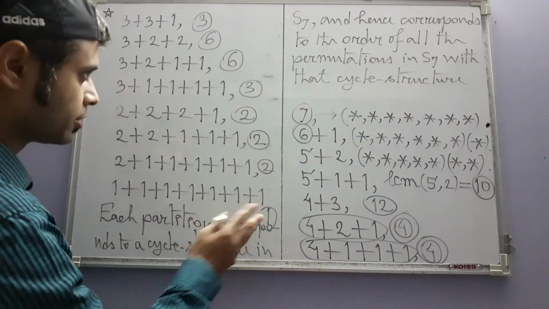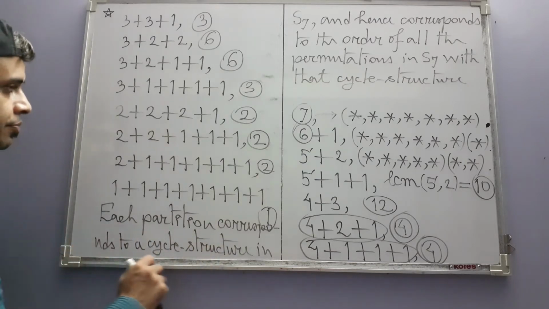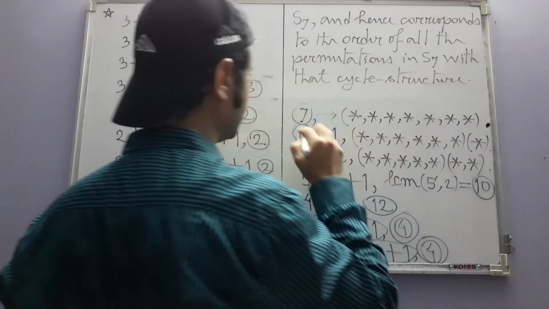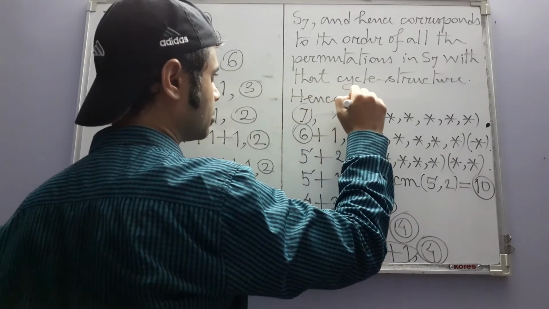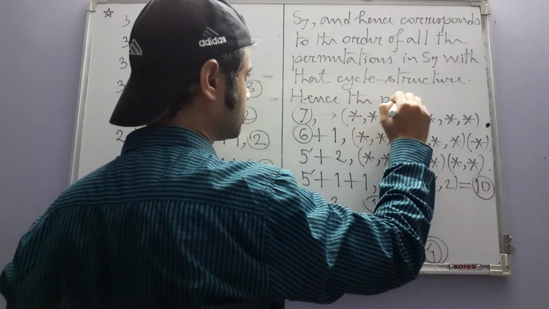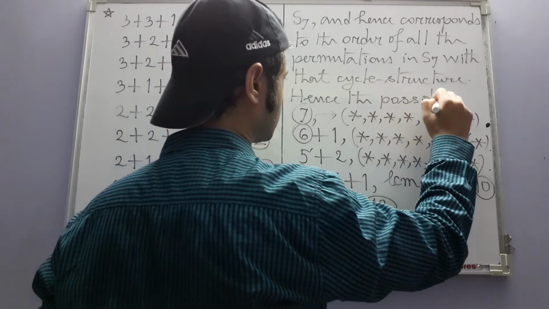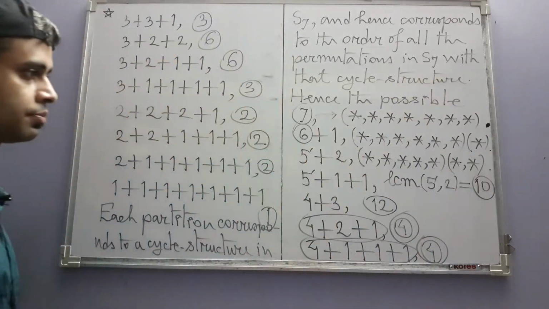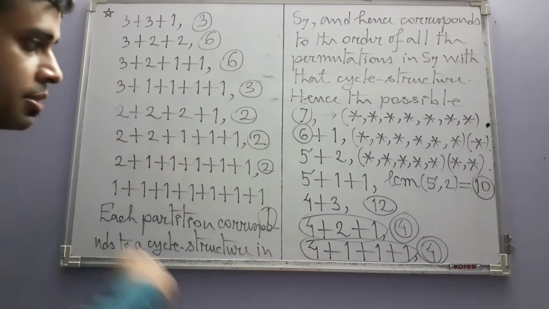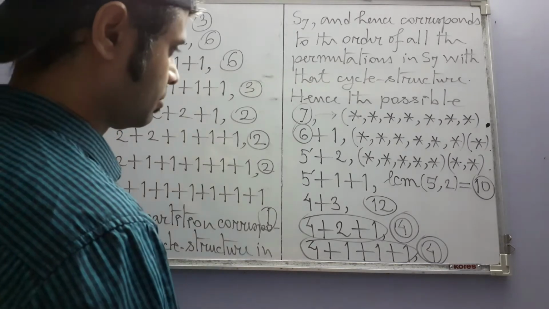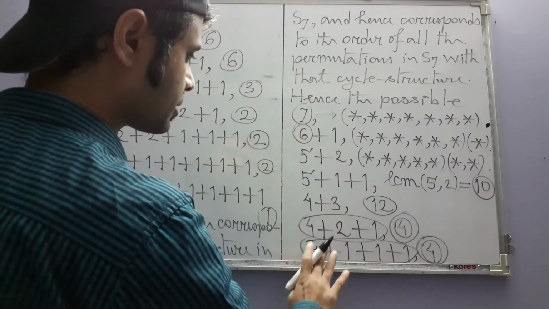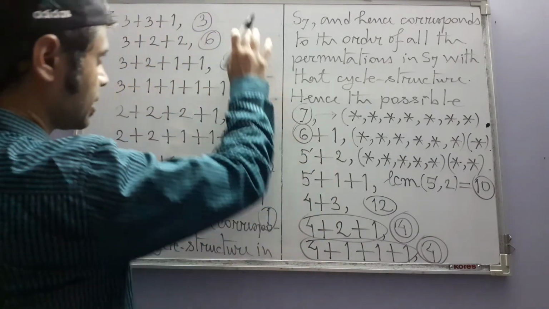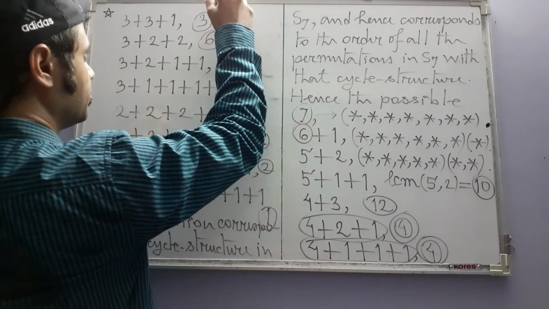Okay, so that's what we have written. Hence the possible orders. We now have to wrap these things up, but let's just for once write the orders that we have written here on this side also.